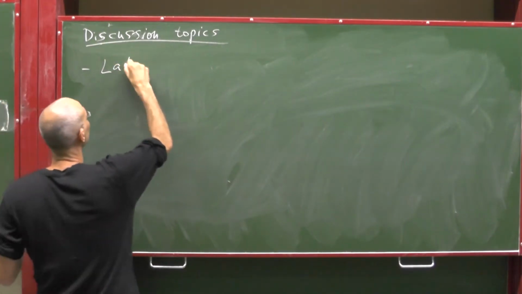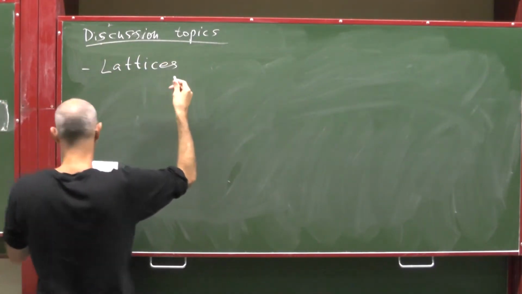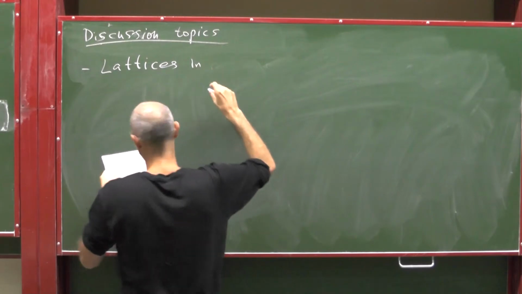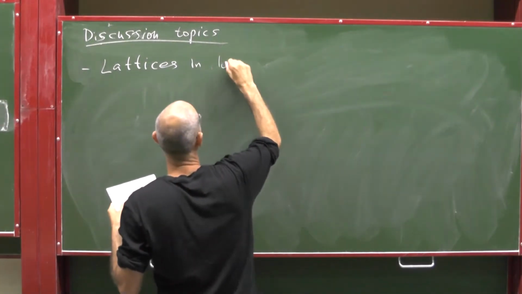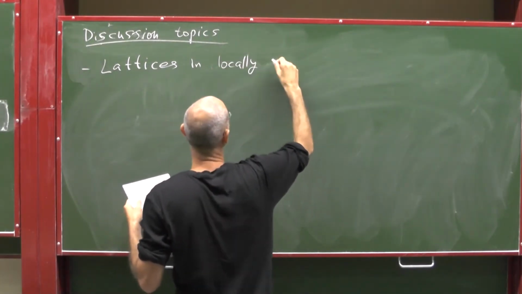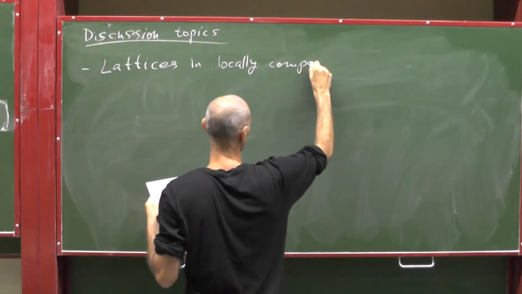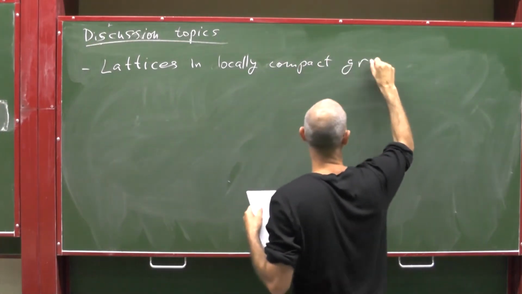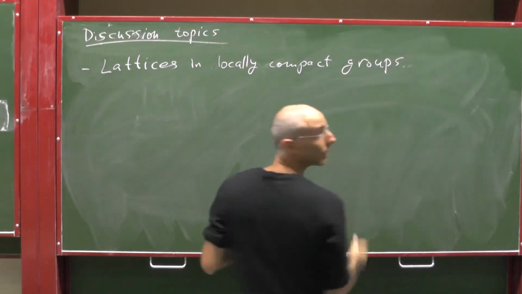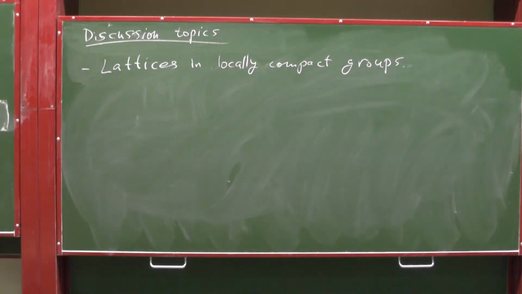So one topic, very important, is the general theme of lattices in locally compact groups, especially Lie groups, as gamma is in G in our illustration.